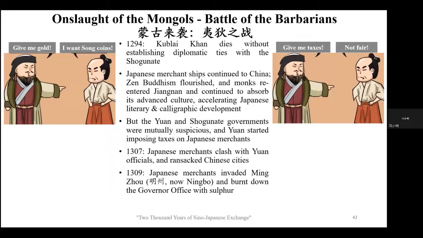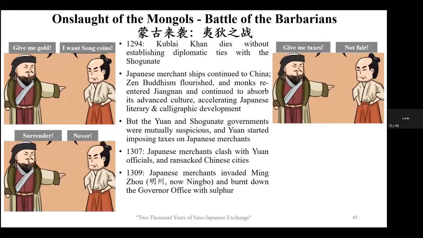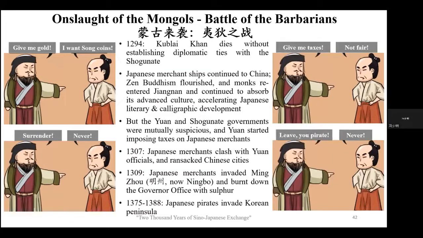They also invaded Mingzhou and burned down the governor's office with sulfur, right? And at the same time, Japanese pirates started to invade the Korean peninsula. So there was a lot of tension at this time between the Mongol government and the Japanese people.